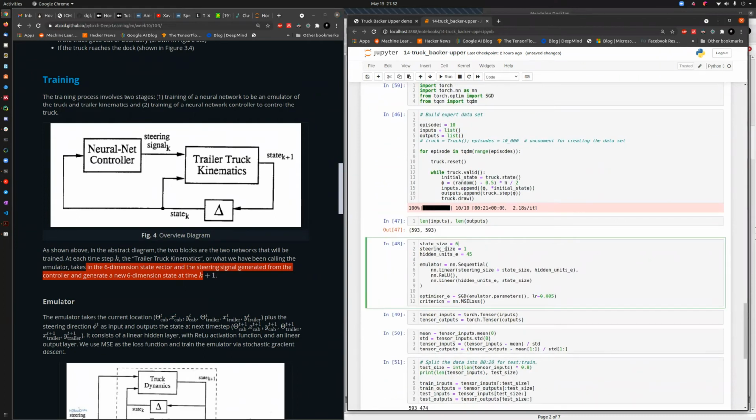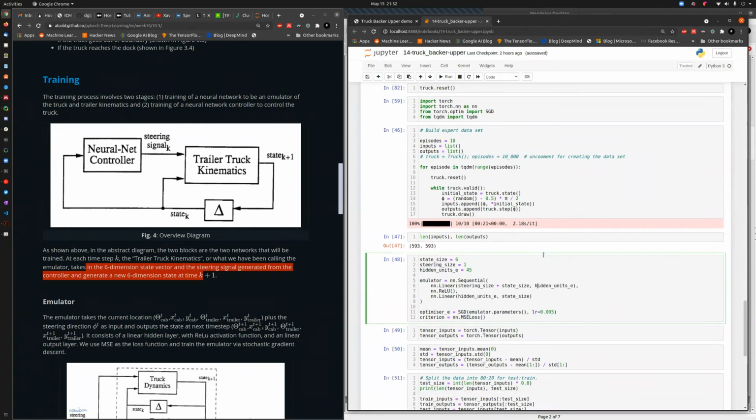This is the state size 6, steering angle 1, heading units, emulator. This is the sequential network that we form: the linear layer of steering size, state size plus heading units, ReLU, then followed by this. And we use an SGD and the MSE loss.